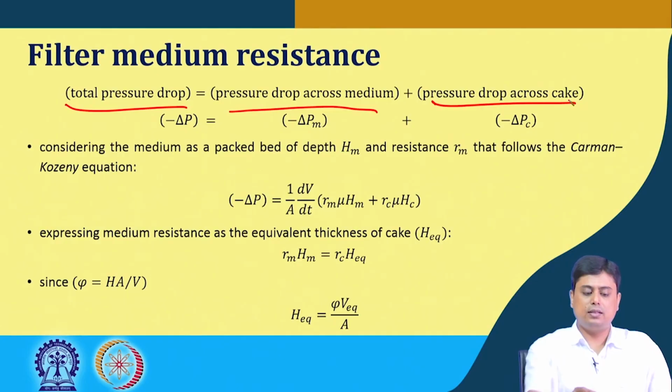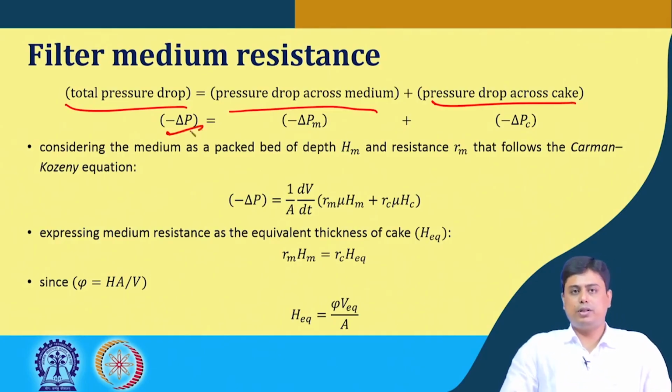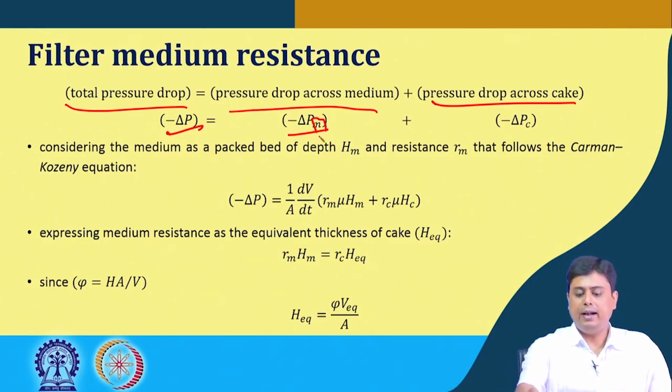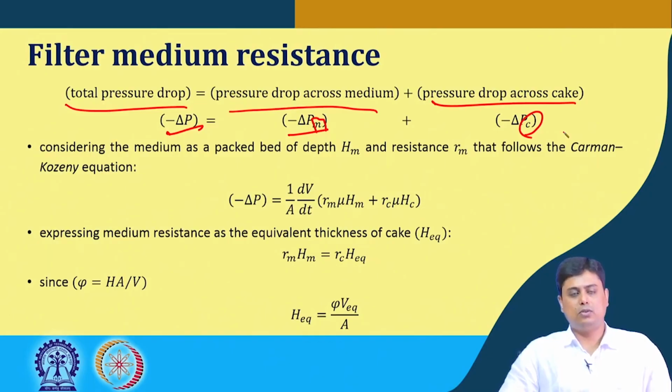If we name this, minus del P, the overall pressure drop, is basically the del P due to the medium, which is M, and through the cake, which is C, as subscripts. Okay.